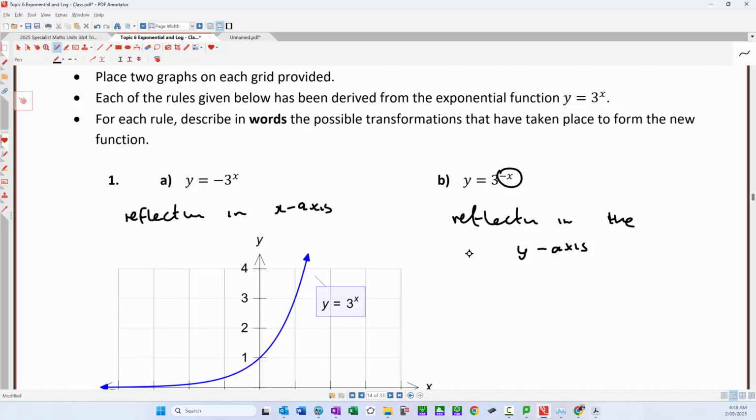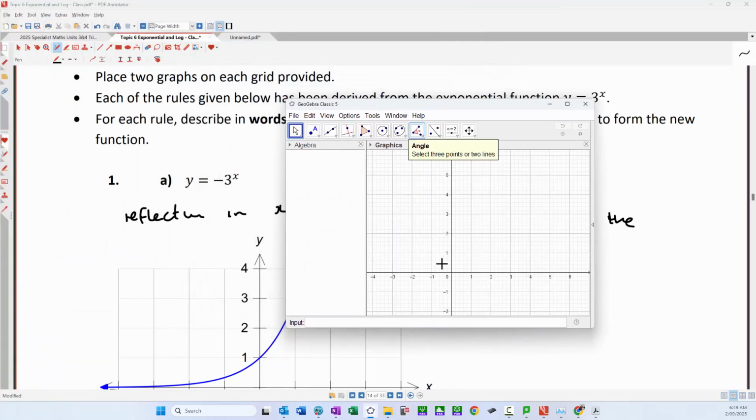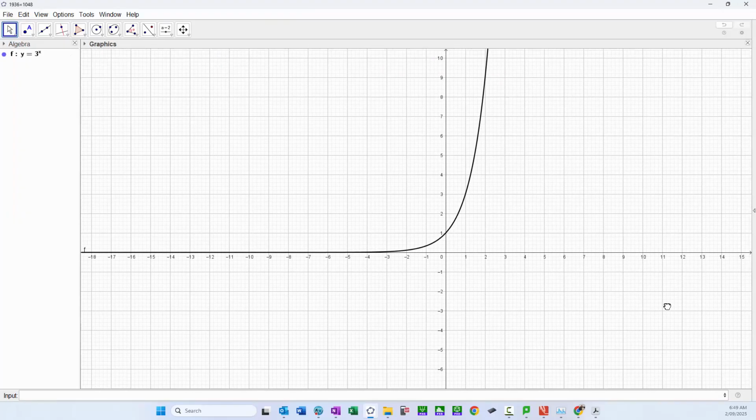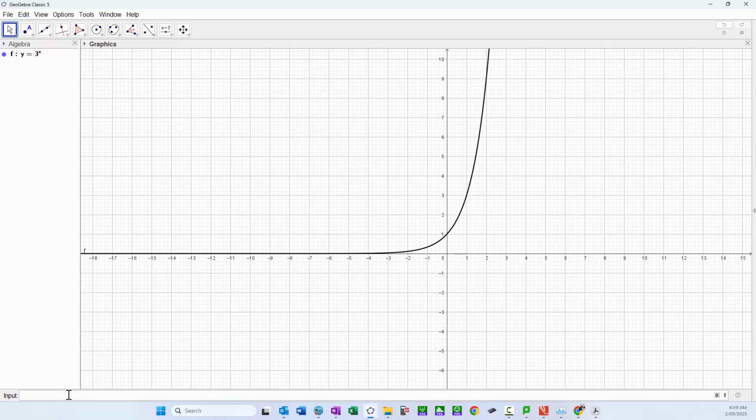So what that's going to do, and I'll just give you a quick demo, is take a graph, and instead of reflecting it in the x-axis, if we've got y equals 3 to the x, the standard, there's our standard y equals 3 to the x. And if I just put a negative sign in front of the x, you can see that what that does is reflect in the y-axis.